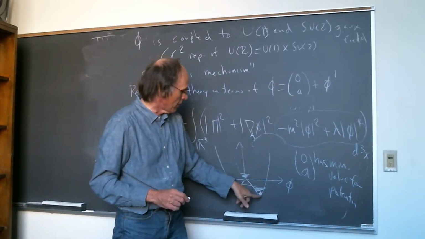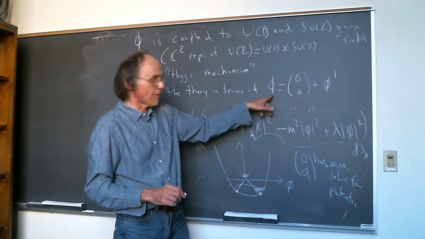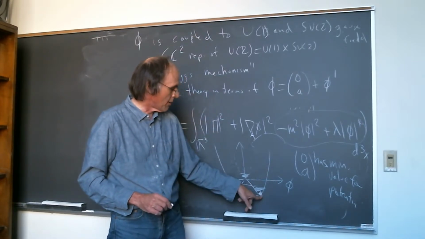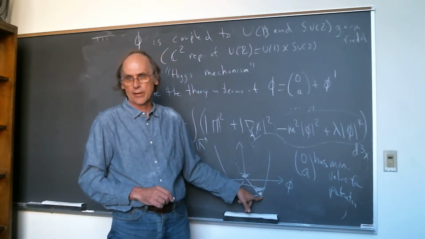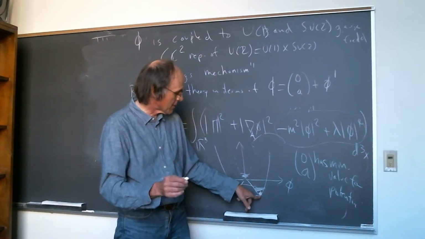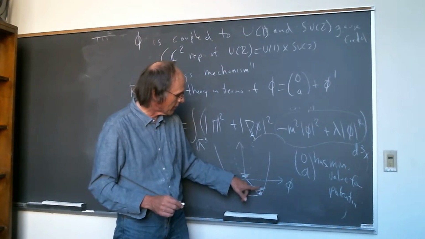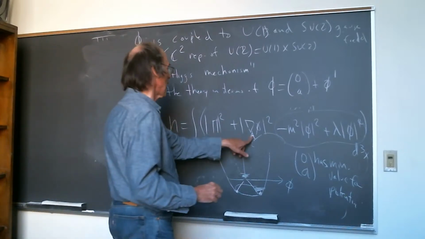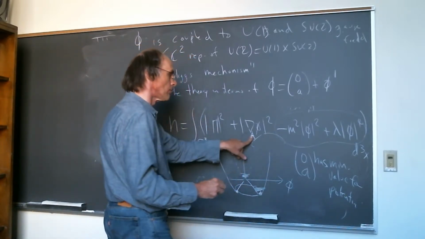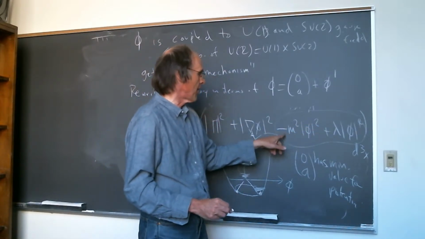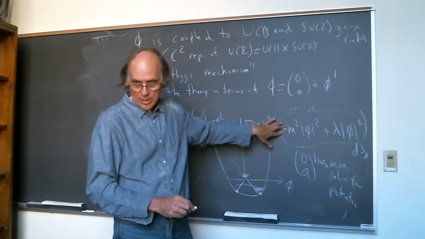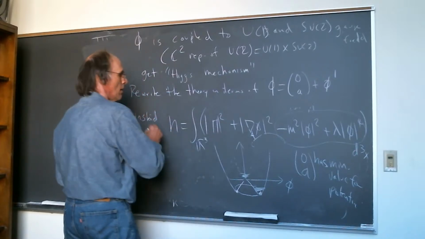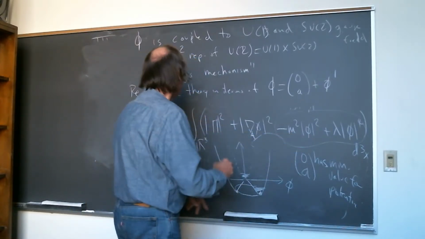You basically choose your phi coordinates: instead of being about here, you do a shift over and make your coordinates be about here, with respect to this point. Once you do this, that gets rid of this negative quadratic term, and you get an effective quadratic term.